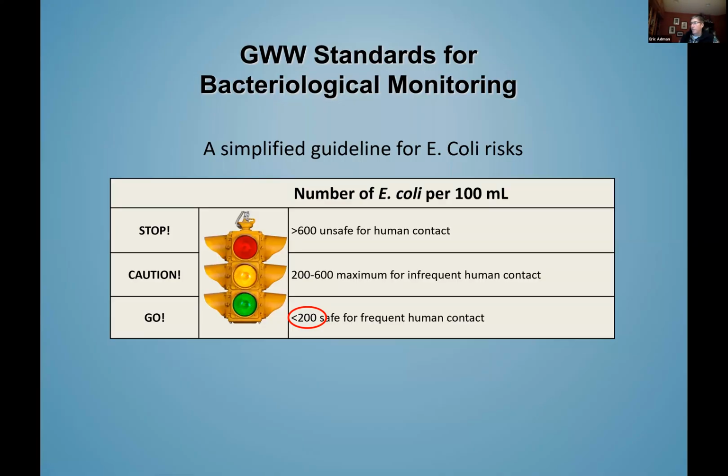Global Waterwatch teaches a standard that they use for their programs internationally, and their rough guidelines are: greater than 600 is dangerous, 200 to 600 is be careful, and less than 200 they consider to be generally safe for frequent contact.